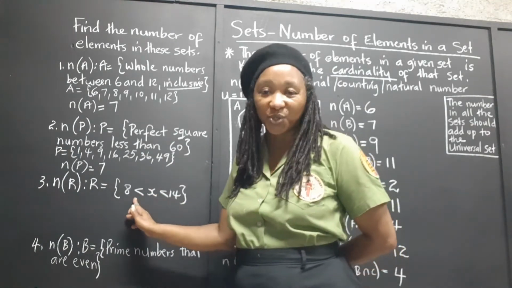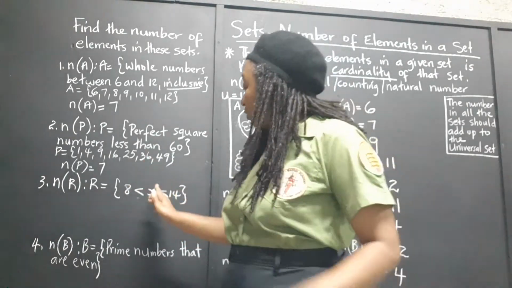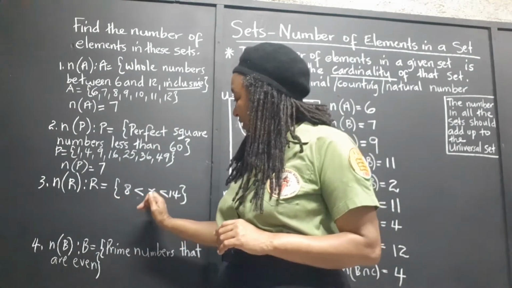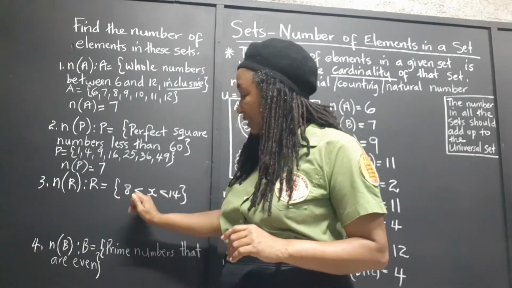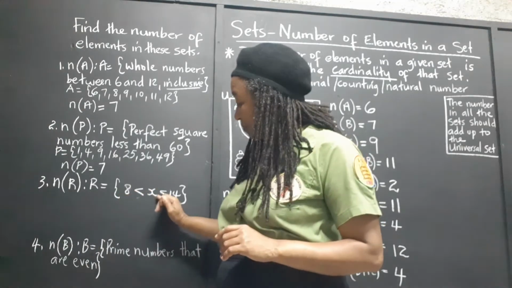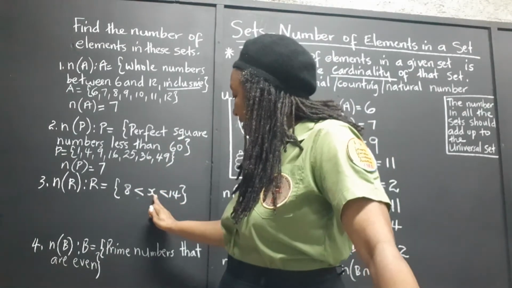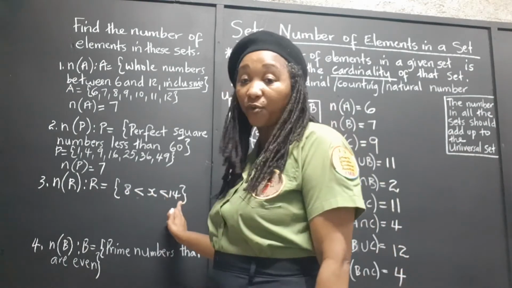Now this is a less than sign, but because we're reading from the X, we're saying X is greater than 8. Remember, normally we'd say 8 is less than X, but we're reading from the middle. So we want the numbers where X is greater than 8 and less than 14.